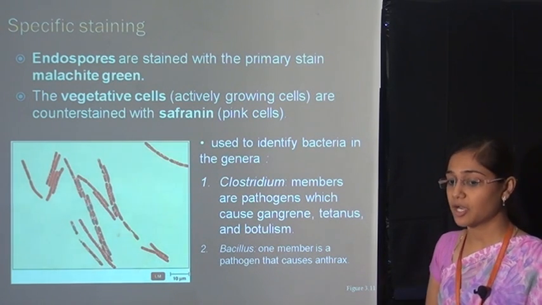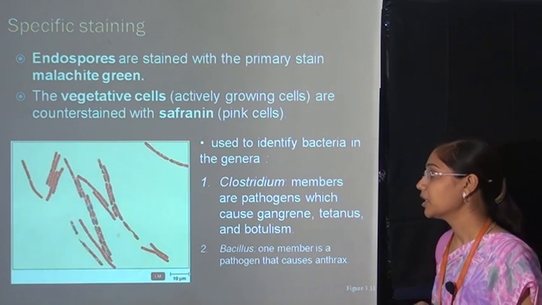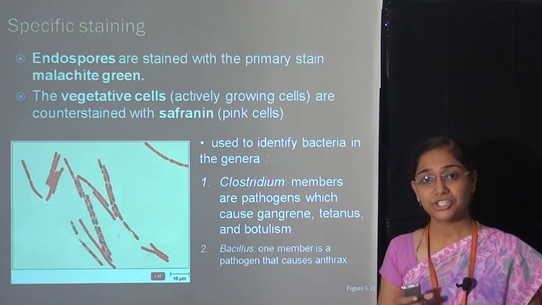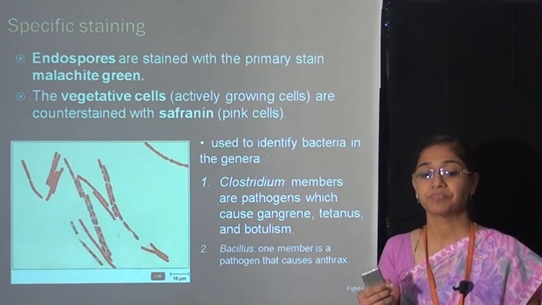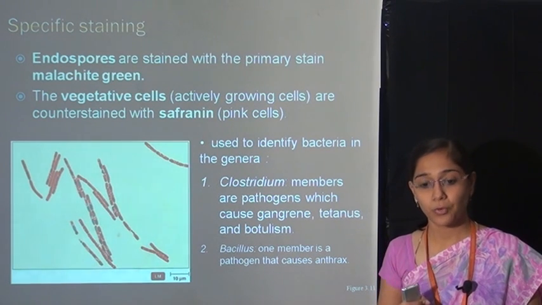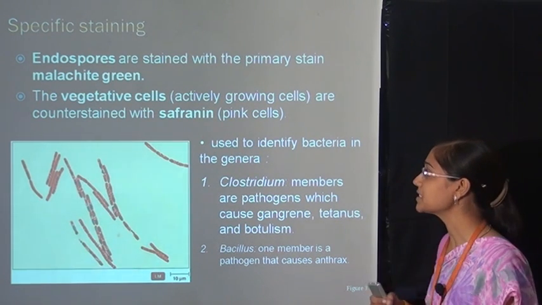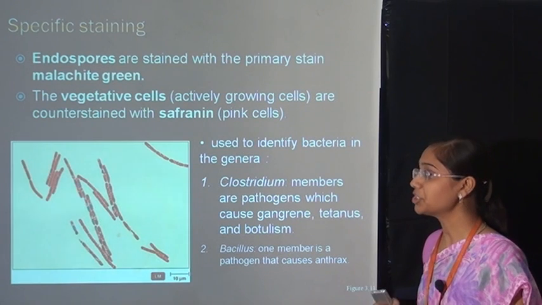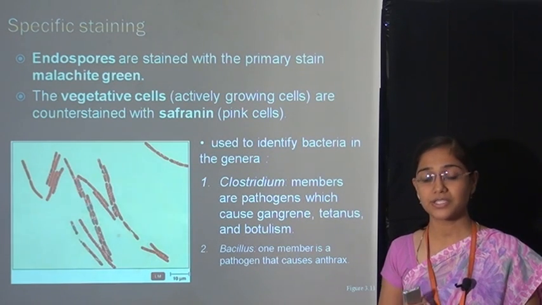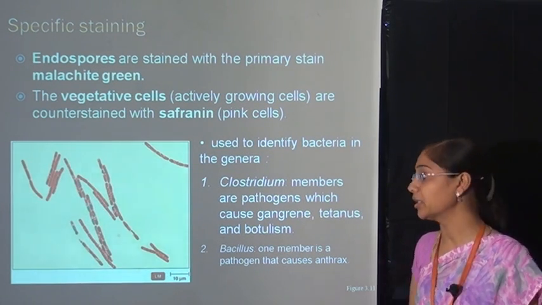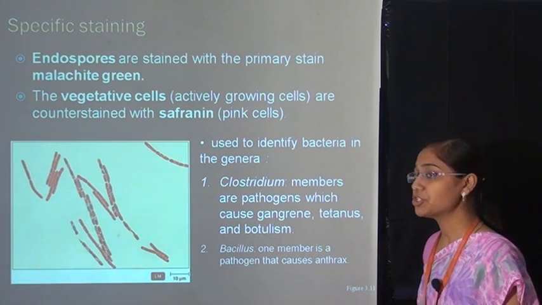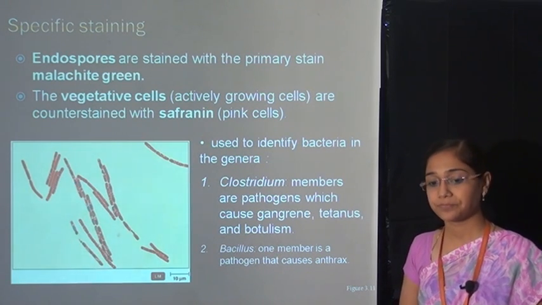Vegetative cells are counterstained with safranin. Vegetative cells contain the spores, right? So spores are stained by the primary stain malachite green, and the vegetative cells are stained pink by safranin. You can see this in the observation of the microscopic slide.